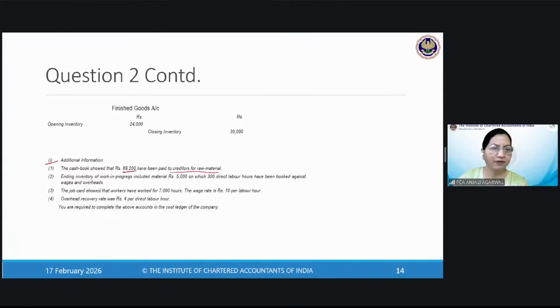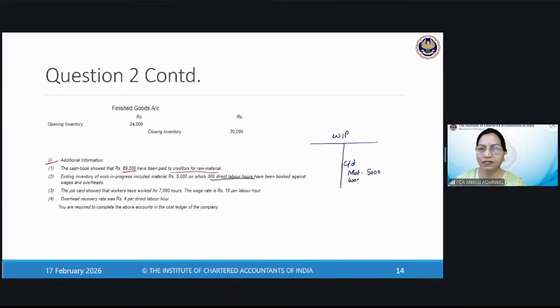The ending inventory of WIP. Now closing WIP closing balance is not given directly. It says it comprises of material 5,000 on which 300 direct labor hours have been booked against wages and overheads.